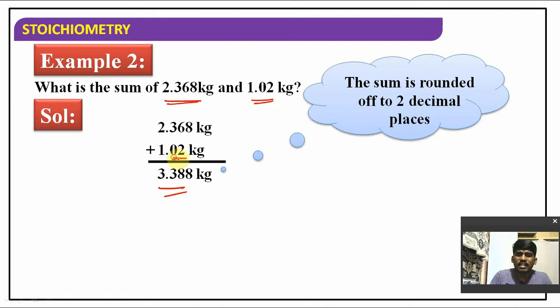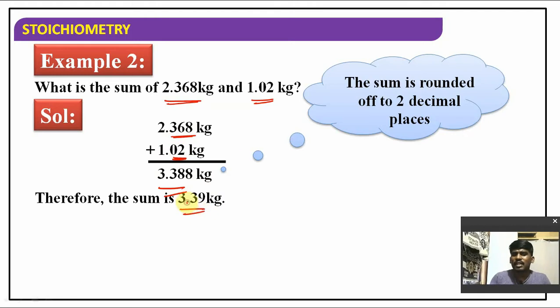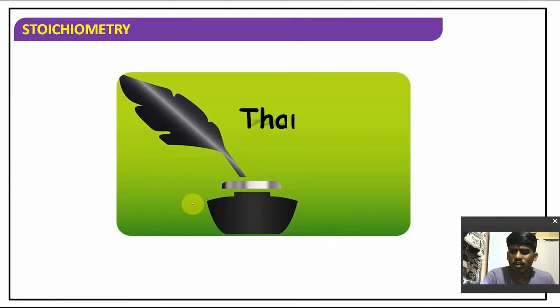Here how many digits are there? 2, but here 3. So 2 digits is the smaller number. So 1.02 means it should have only 2 digits after the decimal, so the sum can be taken as 3.39. Understood the point, guys? Hope it is clear.